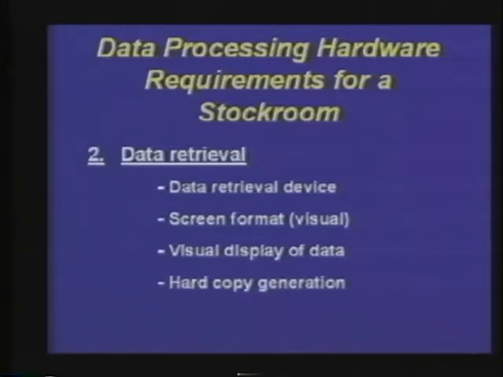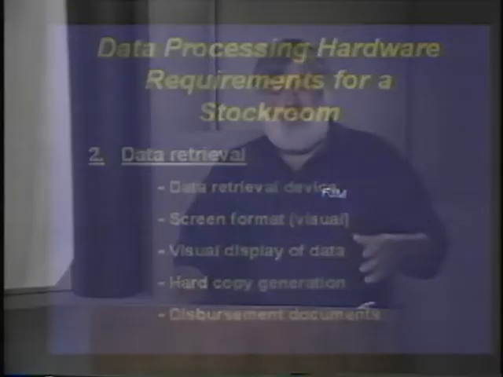We have hard copy generated for documents that must be processed, and then we would have disbursement documents, which is actually issuing material from the storeroom. Again, user-defined and user-originated.